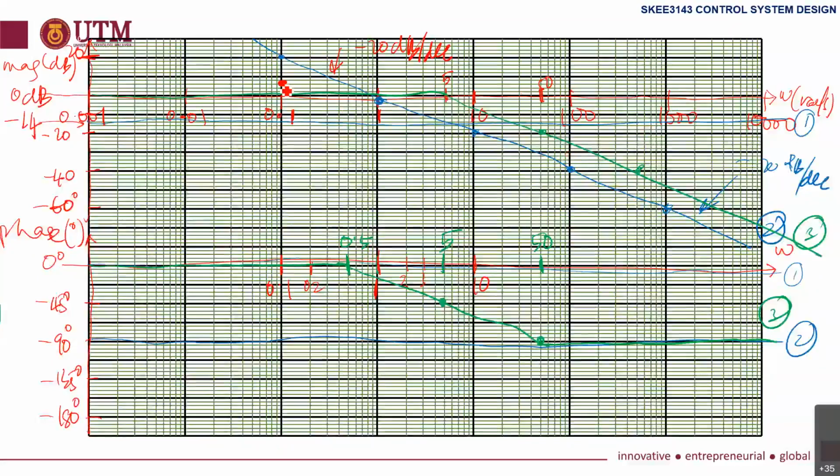So it will be like this: 6, 20, 14, 10, 4. This is minus 20 dB per decade. So we have to draw a line of minus 20 dB per decade.